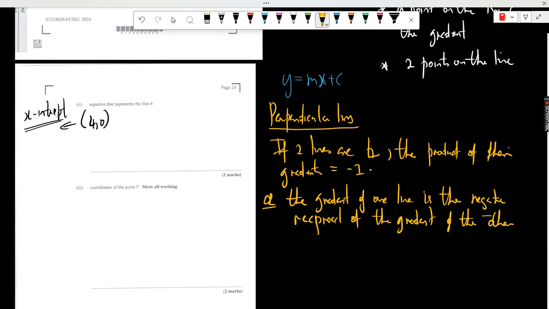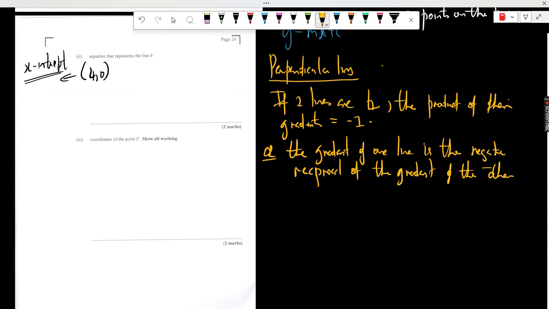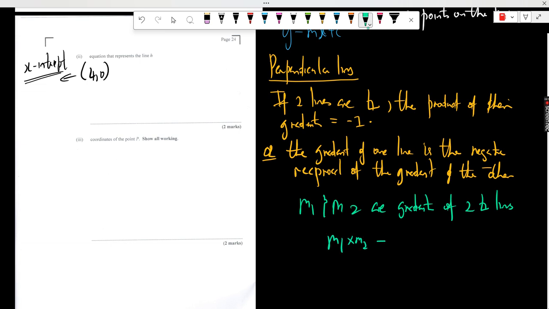What exactly does this mean? It means that if M1 and M2 are the gradients of two perpendicular lines, then M1 times M2 is equal to -1, or we can say that M1 is equal to -1 over M2, or even that M2 is equal to -1 over M1.